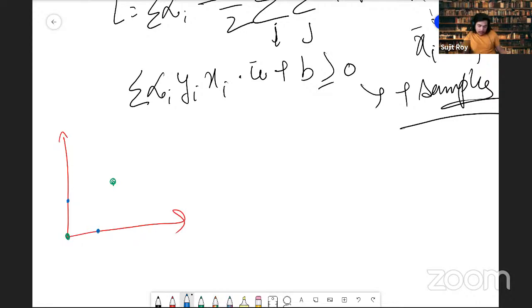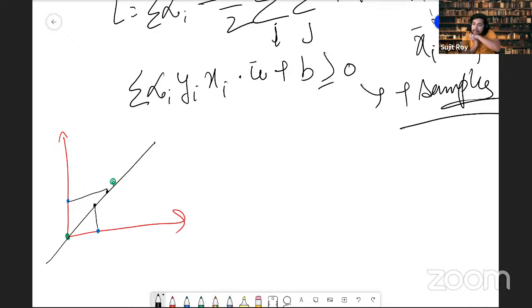But if I connect these and find a projection of this one on this thing, and similarly a projection of this on this thing, we see that we can create a hyperplane, which is a subplane or projection.